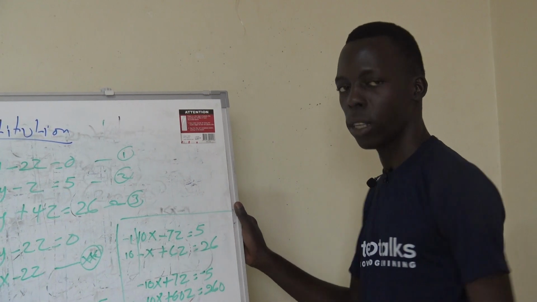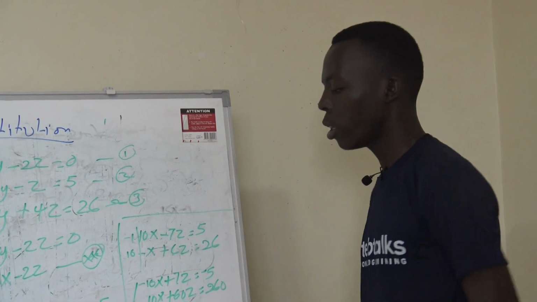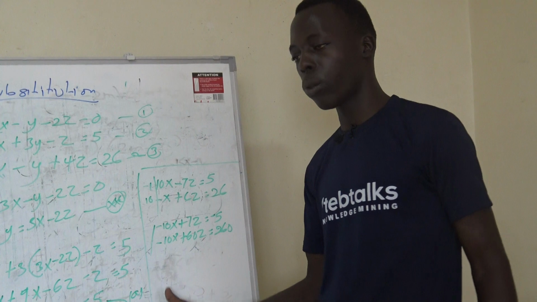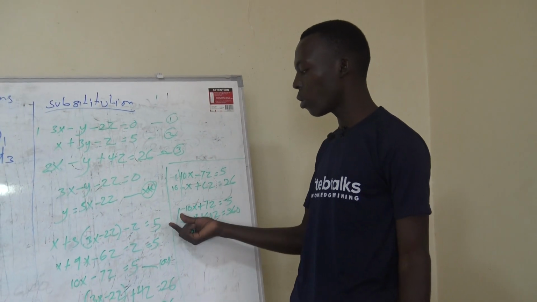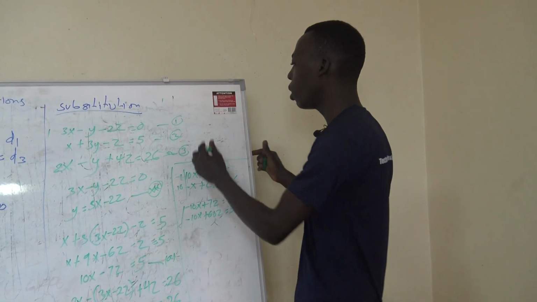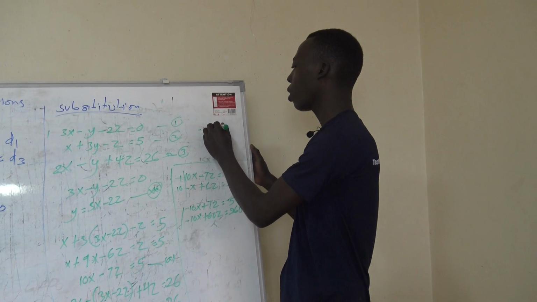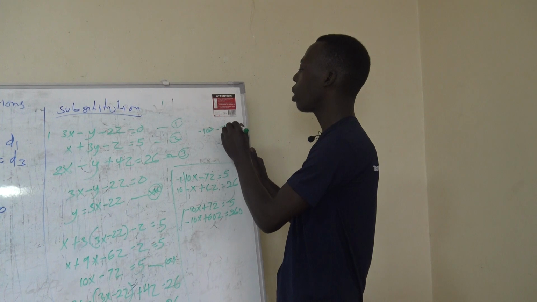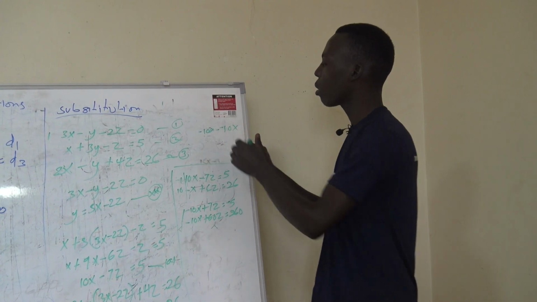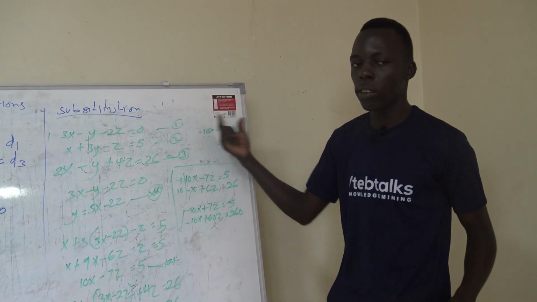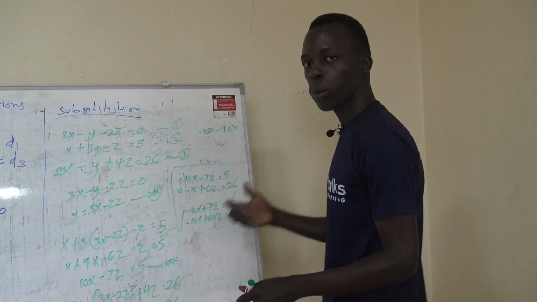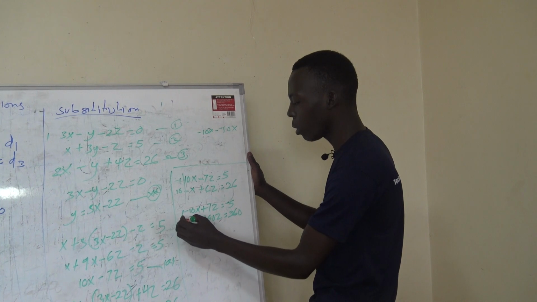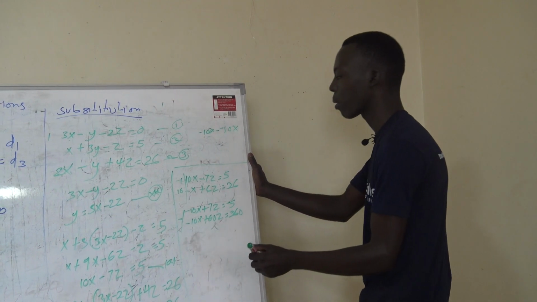Now we eliminate by subtracting the two equations. When we introduce a subtraction sign, it will be -10x minus -10x. For this case, this one becomes positive, which will neutralize it to die off, so we go to 0 by subtracting.